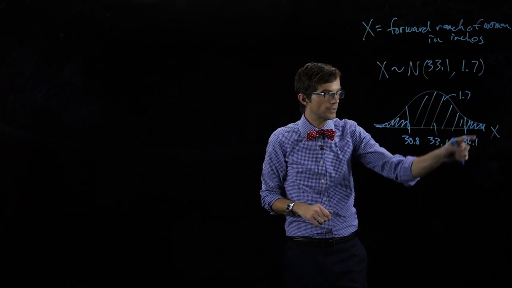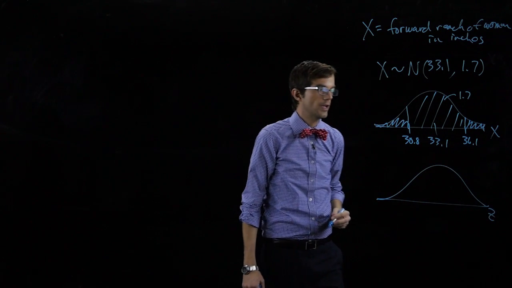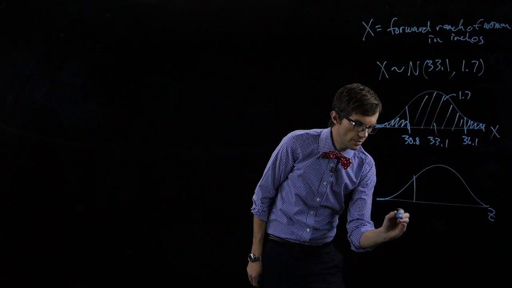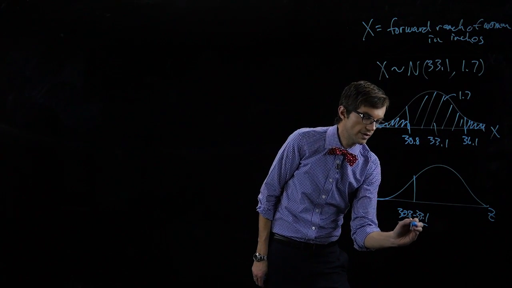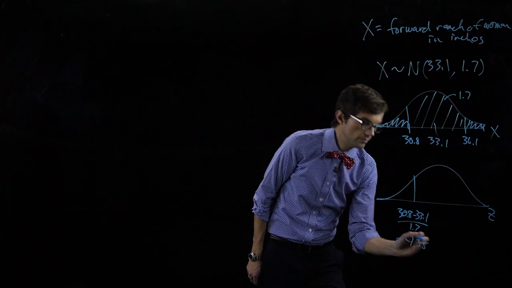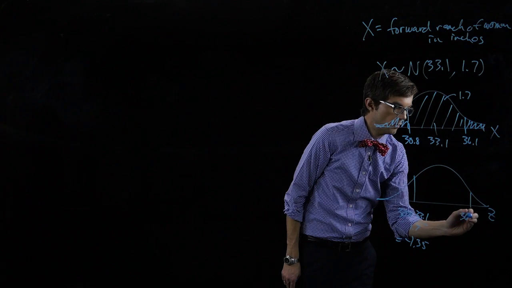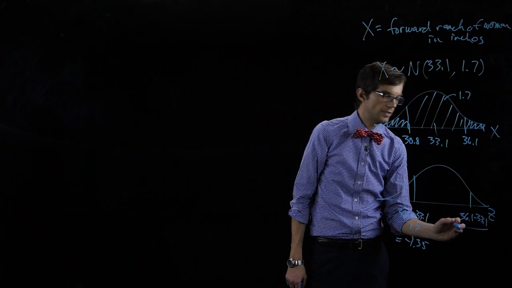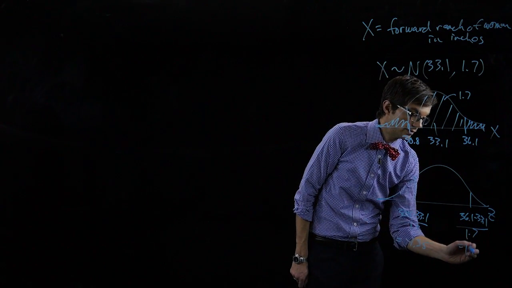Okay? So let's convert this to a z distribution. We need to convert 30.8 down here. That's 30.8 minus 33.1 over 1.7, and that value is negative 1.35. And up here we have 36.1 minus 33.1 divided by 1.7, and that number is 1.76.